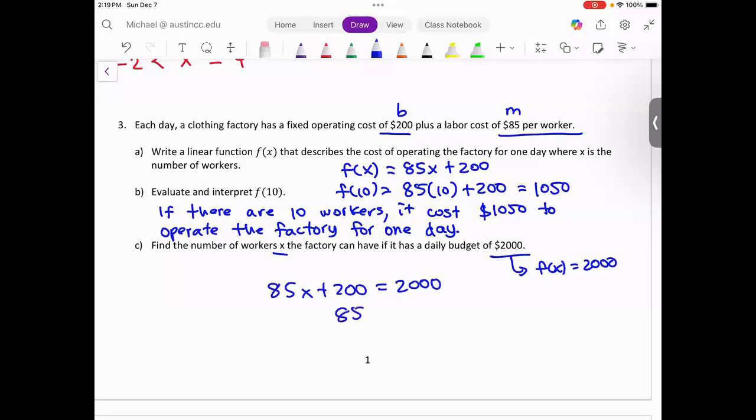Subtract 200 from either side. We get 85x equals 1,800. Divide each side by 85, and we get 21.18. So if we can't go over that budget, we need to round down. So that means there would be 21 workers.